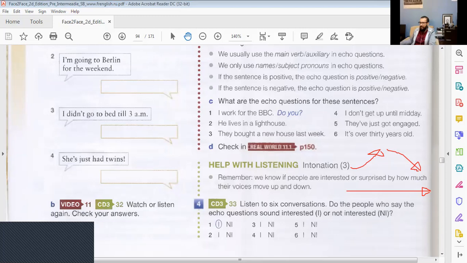I'm not going to my niece's wedding. Aren't you? 4. My dad played football for England. Did he? 5. I haven't told my parents yet. Haven't you? 6. My grandmother's 97. Is she?